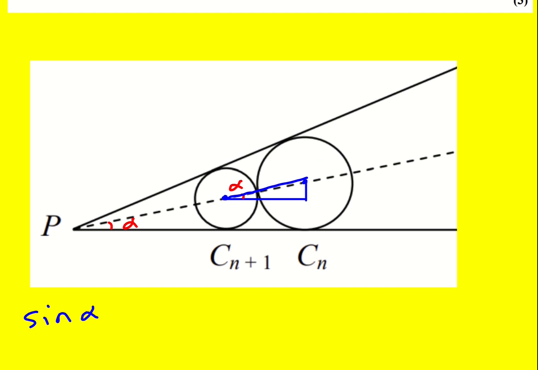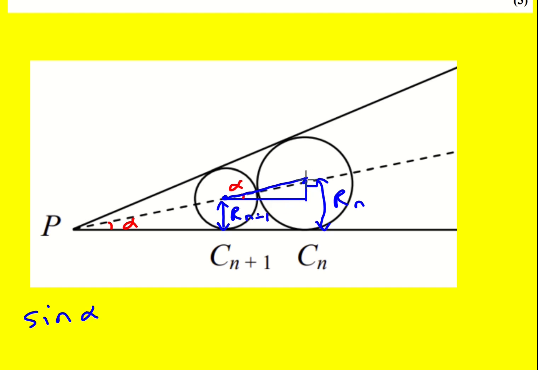Now, here's the thing. To the point here, this distance is going to be Rn, the radius. Meanwhile, this distance is going to be Rn+1.